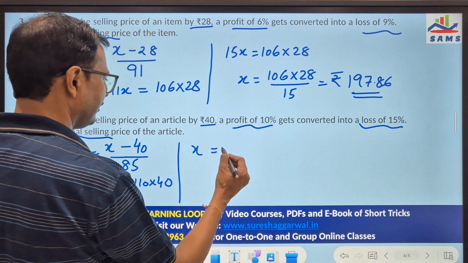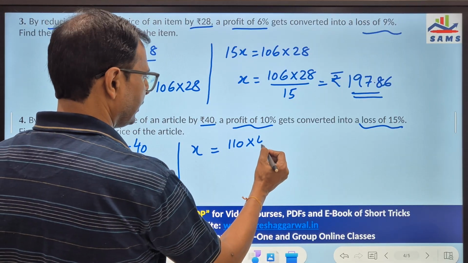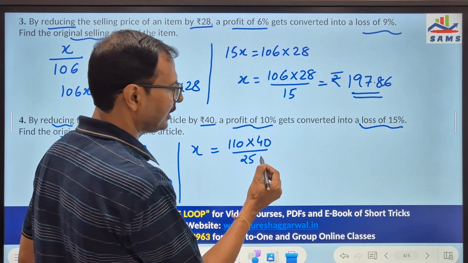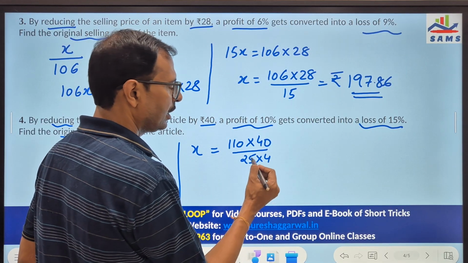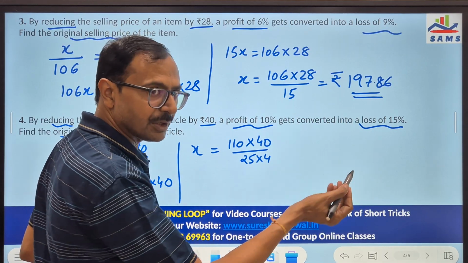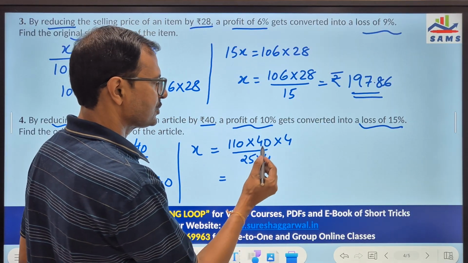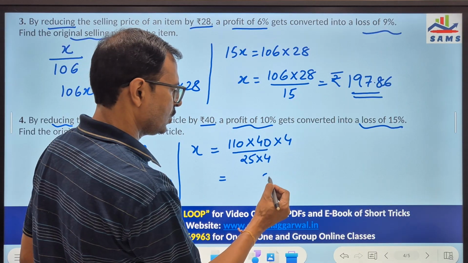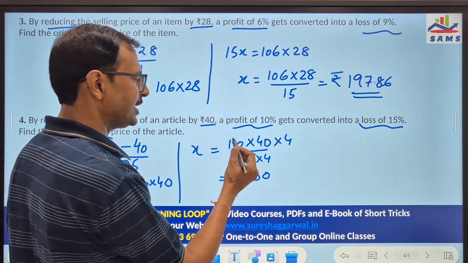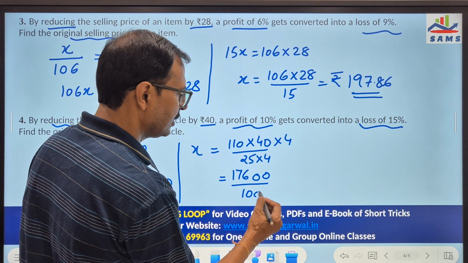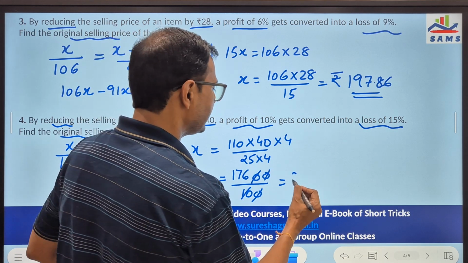So 25 will come in the denominator like this. So you can reduce this 25 to 4, multiply by 4 to get it to 100, right? So multiply by 4 in the numerator also. So this is 0, 0, and then 16 into 11 is 176, and divide that by 100. So you get the answer as rupees 176.